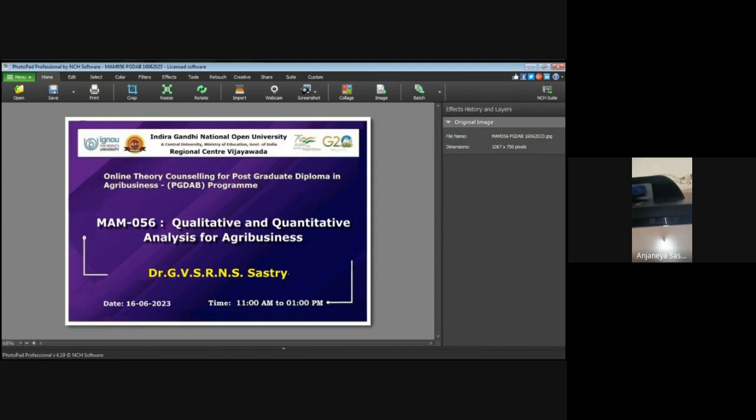There are internal sources and external sources. External sources means books and periodicals, government statistics, trade associations, commercial sources, national and international institutions. So there are certain statistical institutions for supplying the data. In internal sources, we can get data from the organization.